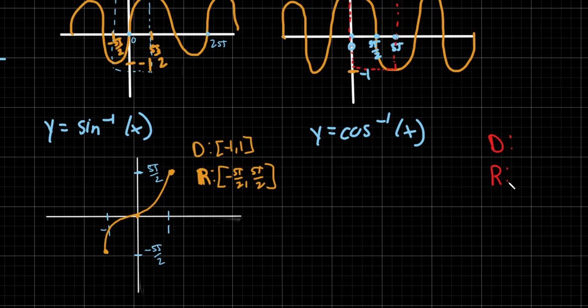So my restriction is from 0 to pi. So my y-axis now should be what to what? 0 to pi. Oh, because that's what we're restricting here. Not negative pi to pi? This is our domain. So now it's become the range of the inverse function, so I don't need that bound.